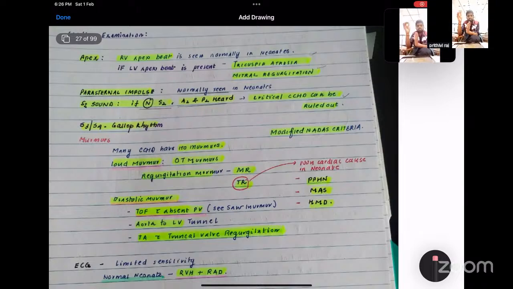So the passage of current through the left atrium and left ventricle will take more time. As a result, there is deviation toward the left, left axis. That's known as left axis deviation. The most classical example of left axis deviation in a neonate is tricuspid atresia, which has to be ruled out. And when you do the parasternal impulse, it is normally seen in a neonate.